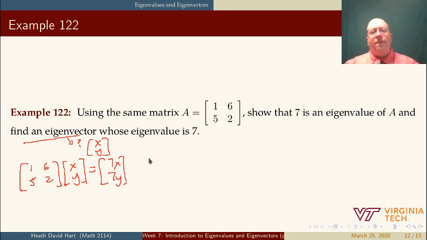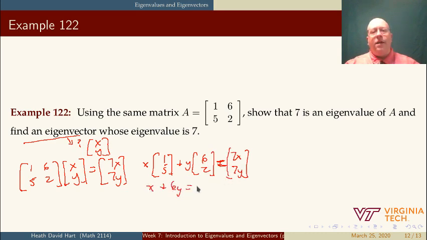This is the same thing as x times 1, 5 plus y times 6, 2 equals 7x, 7y. Or x plus 6y equals 7x, and 5x plus 2y equals 7y.